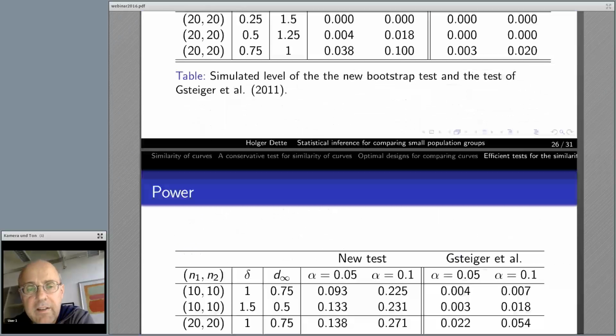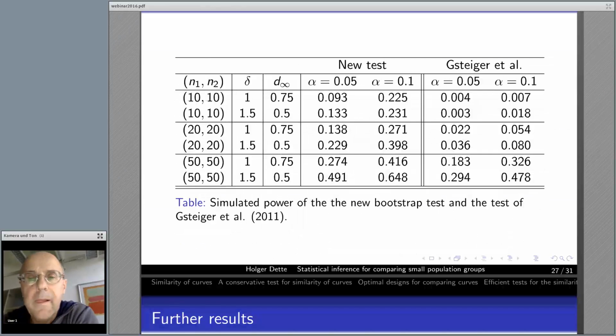Okay, and here you see the power, also for very small sample sizes. What you maybe, and I actually added, the sample size is 50 in both populations, which actually does not correspond to a small population trial, but I just want to demonstrate that the test of Steiger has also some power if the sample sizes are sufficiently large, but it definitely has no power if the sample sizes are small, which you see here in the right part of the table.